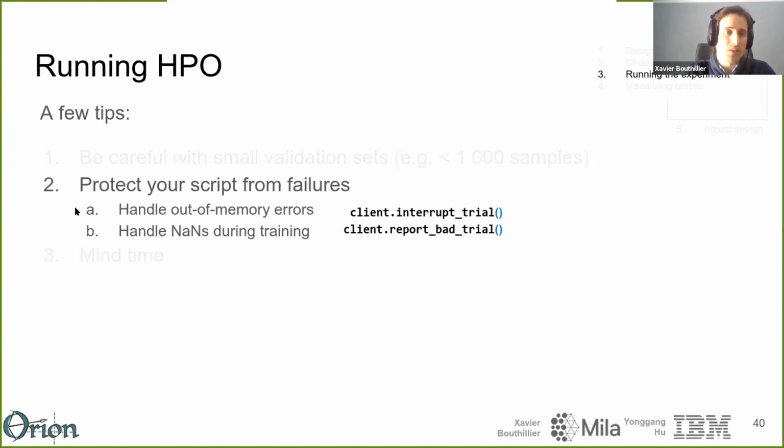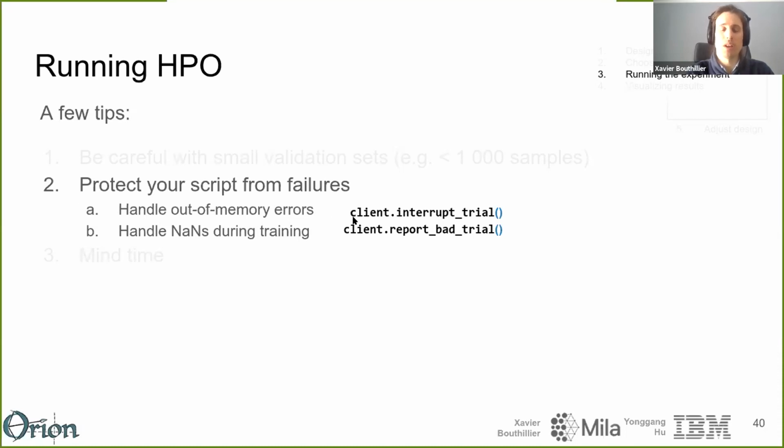A common issue that I've seen with the students that made the optimization a pain to execute is the handling of some failures. So make sure that you handle out of memory errors, in particular if you're sharing GPUs with others and you know that you might have issues with the memory, or if you have a hyperparameter like the layer size that may cause out of memory. So be sure to catch this error.